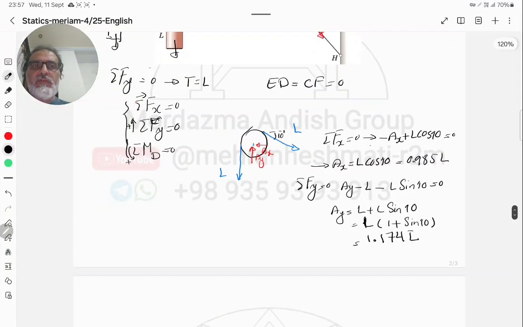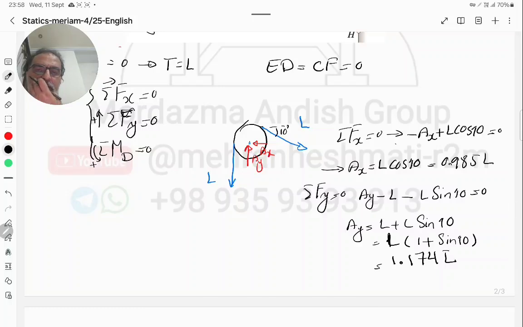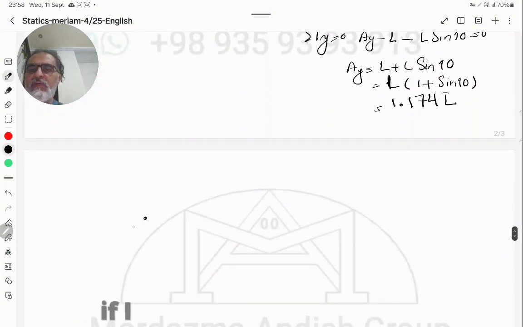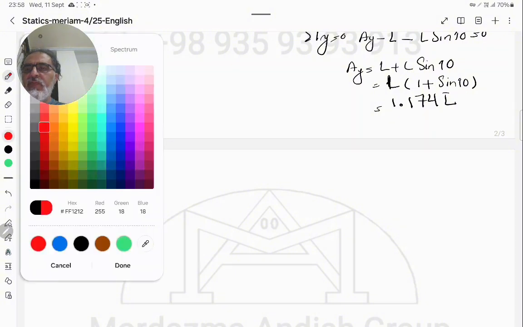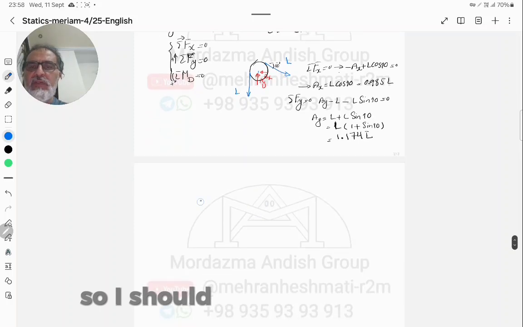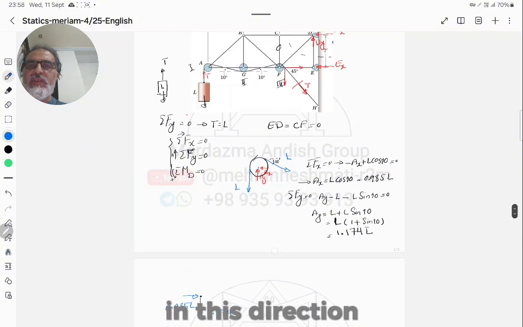So we should put the reaction of these two forces on the joint A. If I want to analyze joint A, I should write that these two forces are known, so I should write that A of y 1.174 L in this direction, and A of x in this direction.